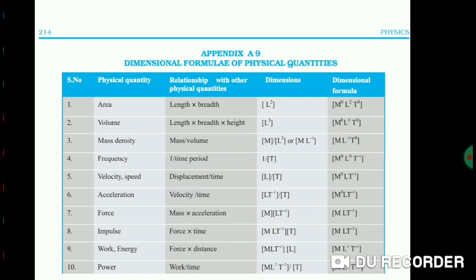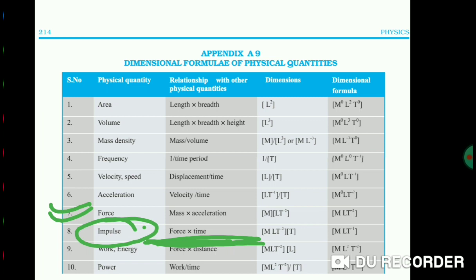Good. Now the dimensional formula of impulse. The general formula of impulse is force into time, and for force we take the formula directly from before. The dimensional formula of force is M L T minus 2.